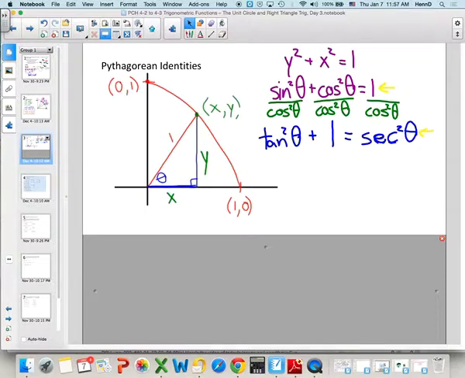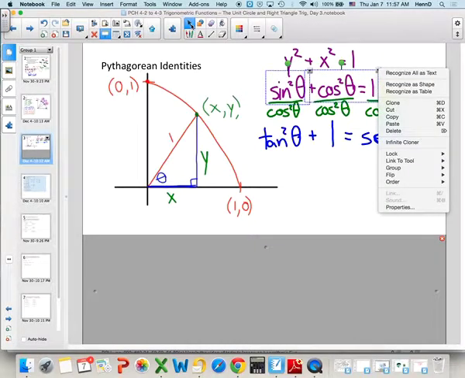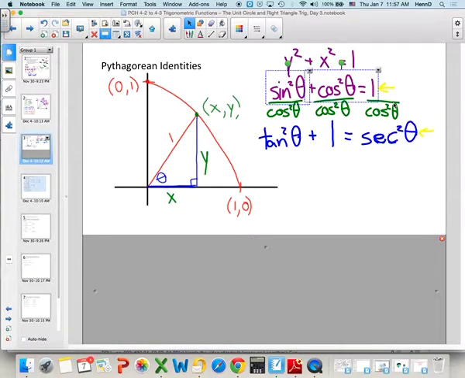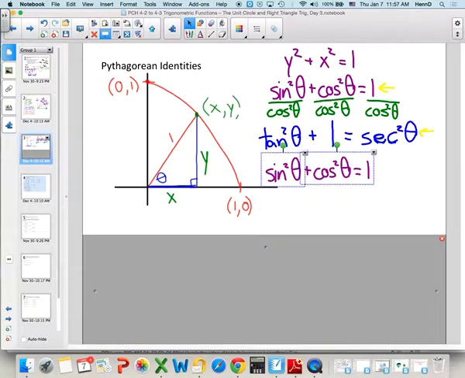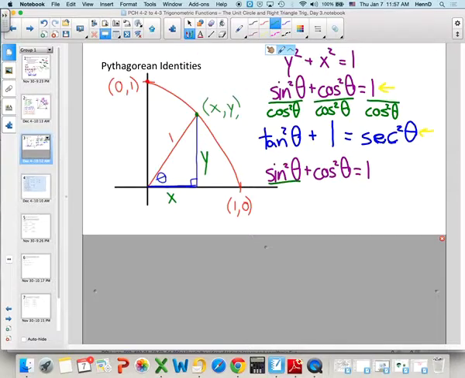Now, what Carly was saying is correct. We're going to take this, and we're actually going to do something similar here, but in this case, we're going to divide by the sine squared. Sorry, we already divided by cosine.